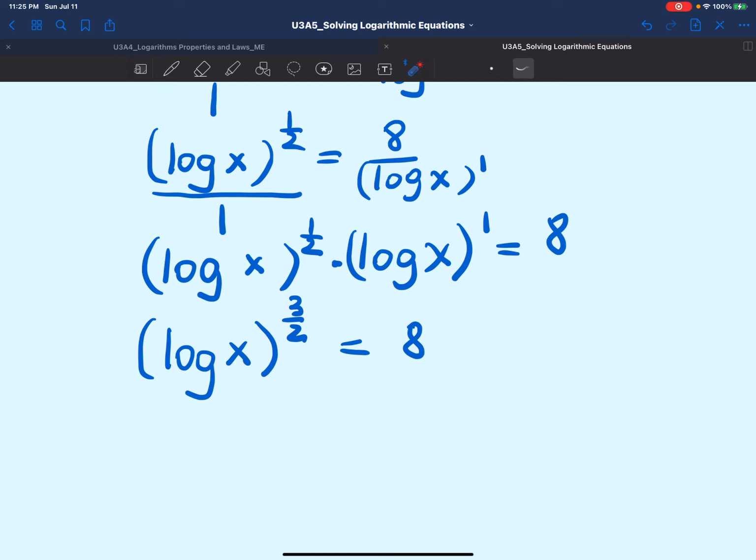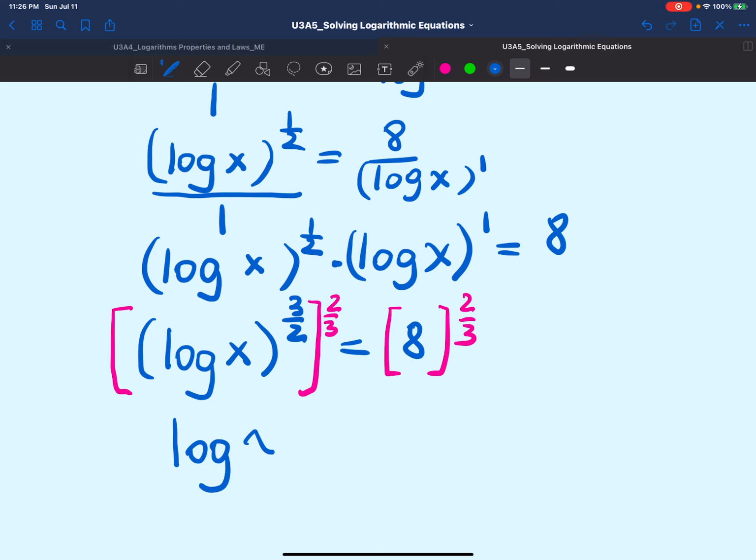So we'll start with the power. We'll bring both sides of the equation to the power of 2/3. So that will allow us to have easier access to x. And number 8 is 2 to the power of 3 to the power of 2 over 3. Notice how nicely they simplify here.